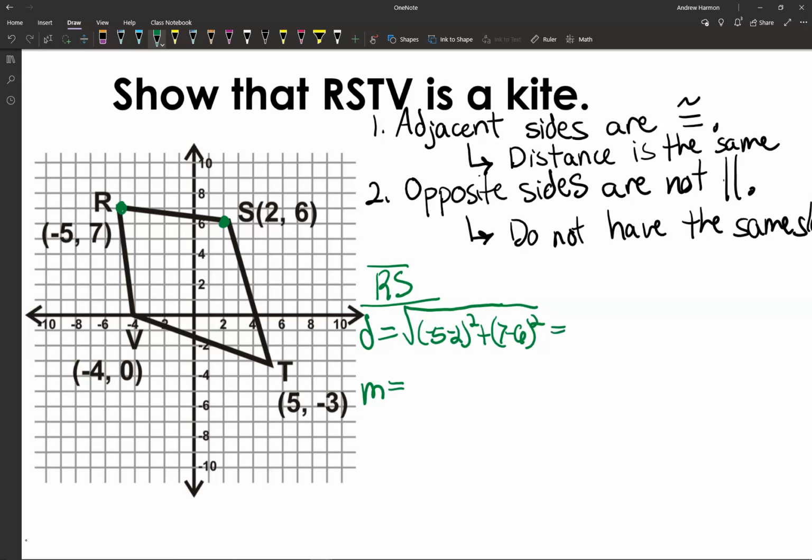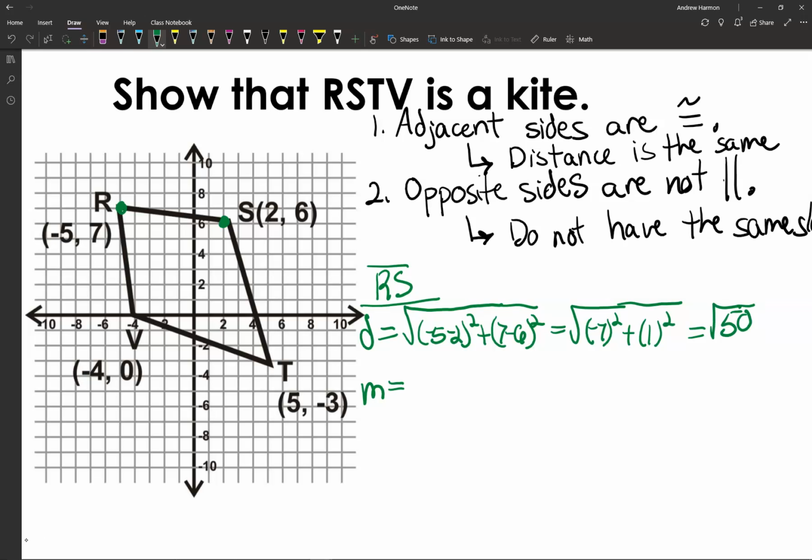If you simplify that, you get the square root of negative 7 squared plus 1 squared, which is 49 plus 1, or the square root of 50.